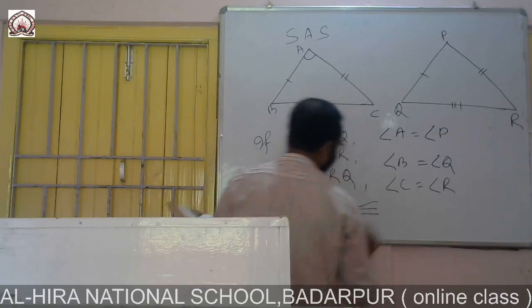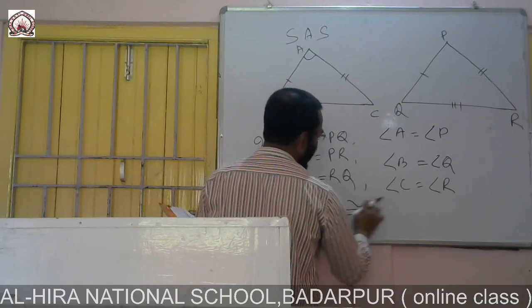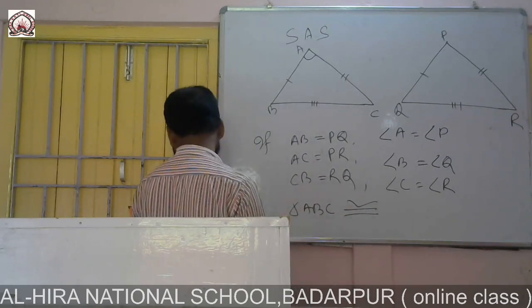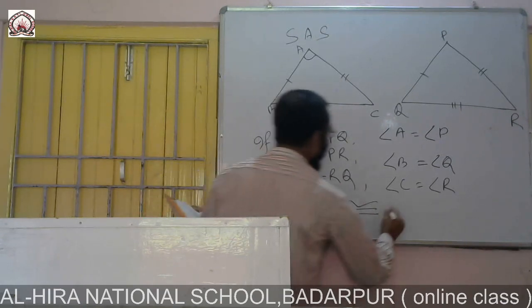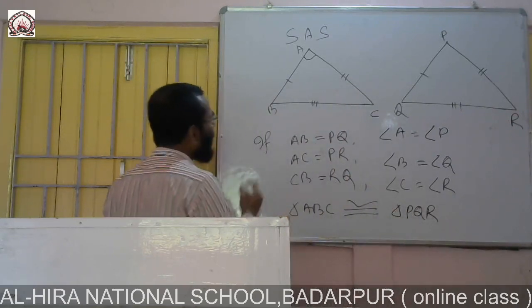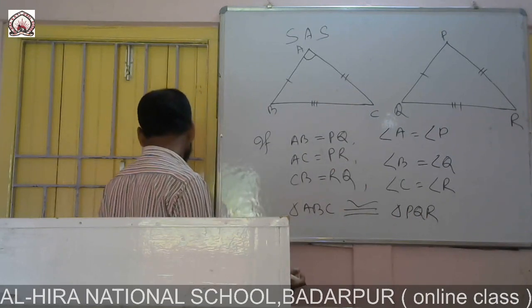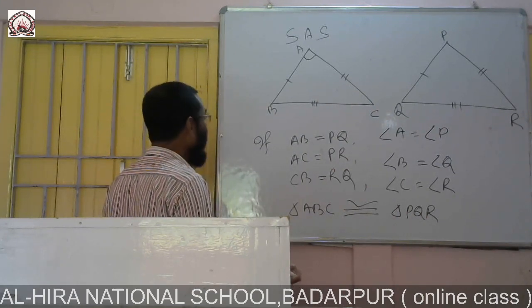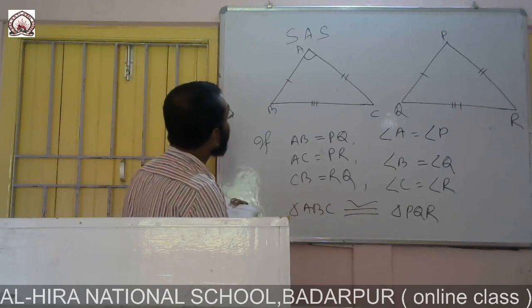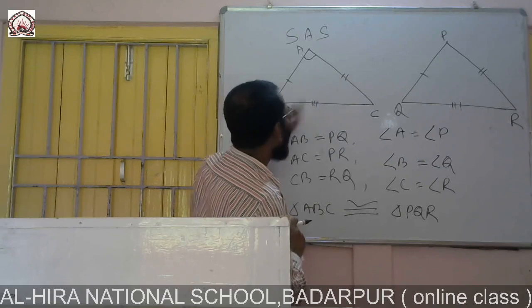This is the symbol of congruent: an equal sign with a similar sign above it. This means if three sides and three angles of a triangle are equal to another, then it is congruent.